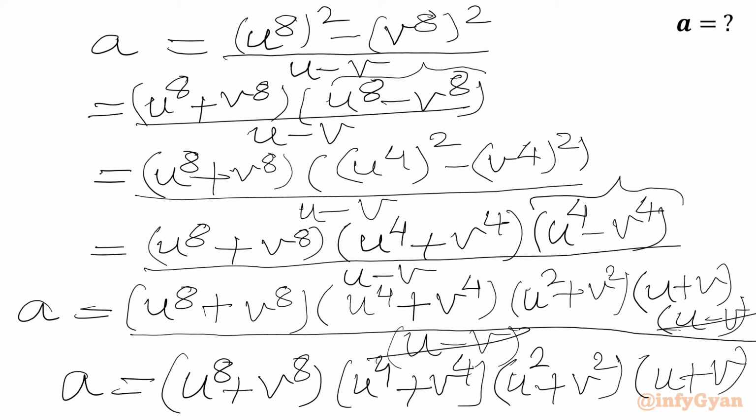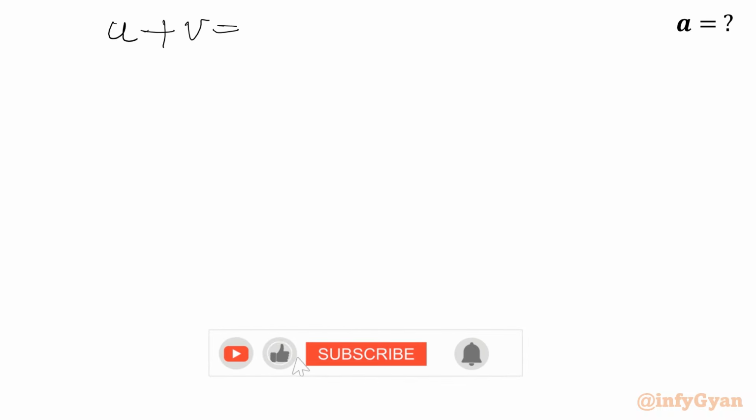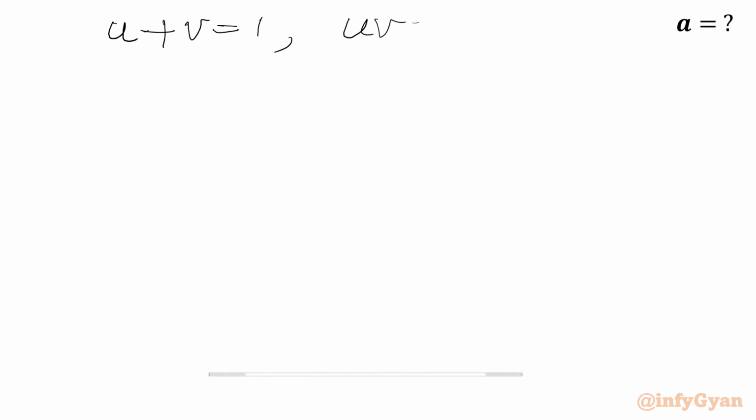Now we have to find all the four values, but u plus v is known. Let me write here u plus v was 1, and u times v was negative 1. I will consider squaring both sides. For the first equation, I will put power 2. Let's apply the (a + b) whole square formula in the LHS.